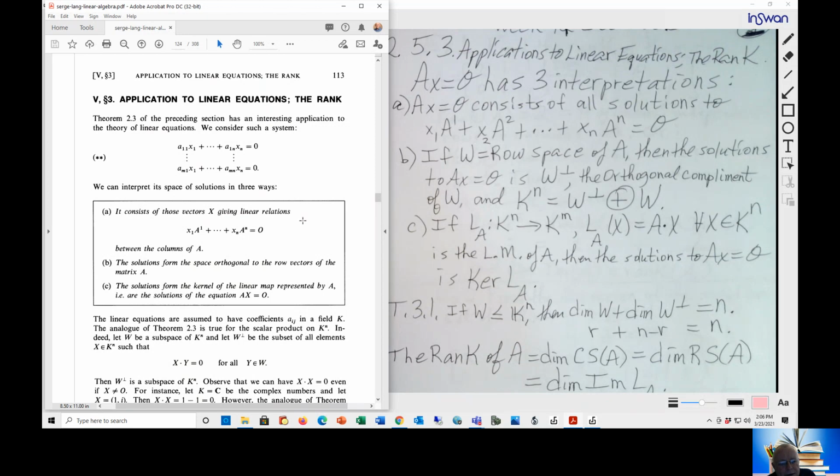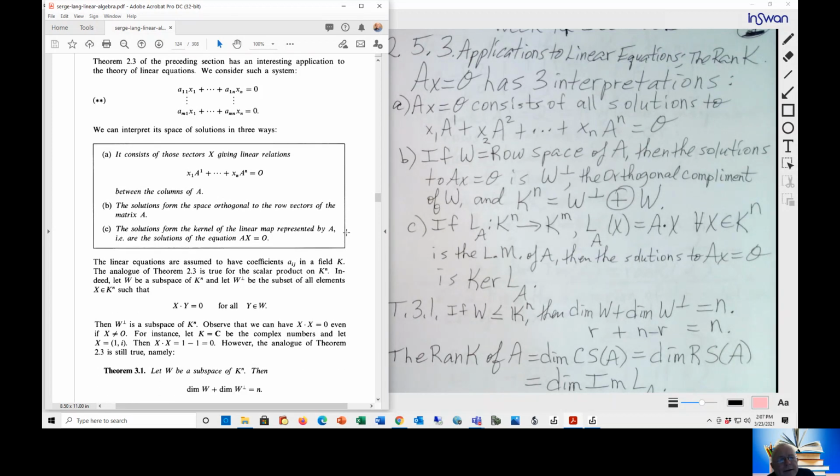The second interpretation that we've already considered is that the solution set to the homogeneous linear system is the orthogonal complement of the row space of A. So it says here in part B that the solutions form the space that is orthogonal to the row vectors of the matrix A. What that really means is that the row space of A, the subspace of Kn, is spanned or generated by the rows of the matrix.